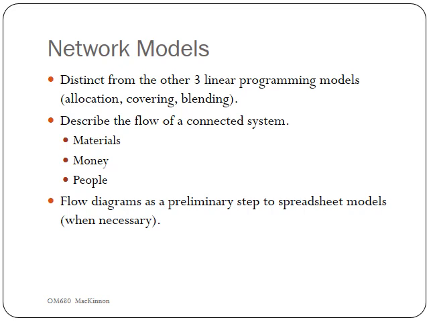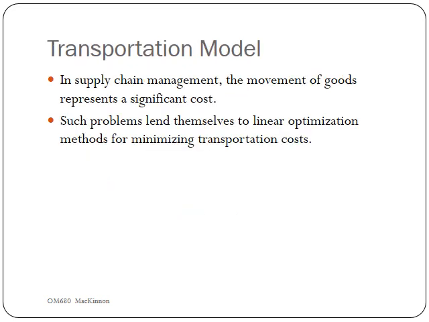And it's not always necessary, just like doing the algebra is not always necessary when you're building a linear model, but often it helps. In fact, I find that flow diagrams help more often than doing the algebra. Okay, so one of the classic network models is the transportation model. And as I said, in supply chain management, the movement of goods represents cost.